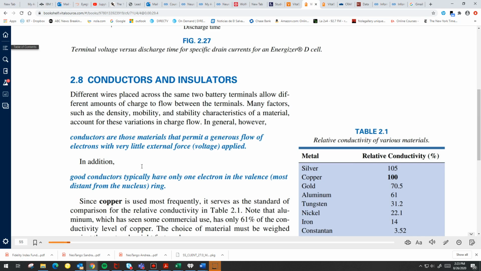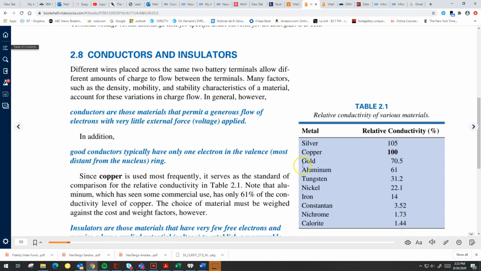When we apply a voltage through a conductor, a wire, copper wire is a very good conductor, then current is going to flow very easily. That's why copper, for example, is a good conductor. If you remember, it only has one electron in the outer shell, and so that electron can very easily be moved.